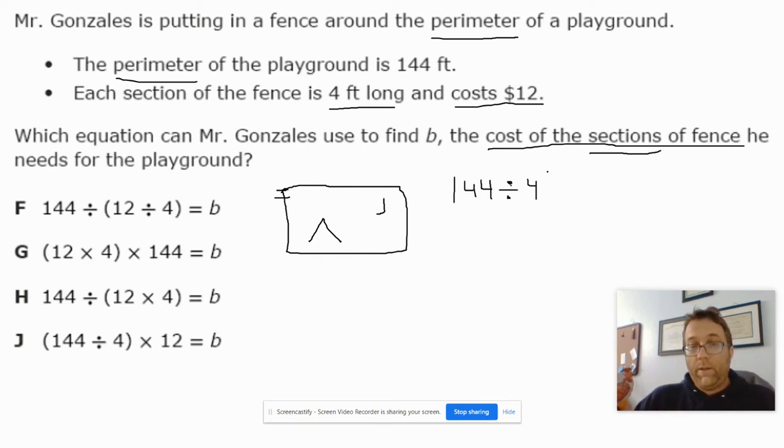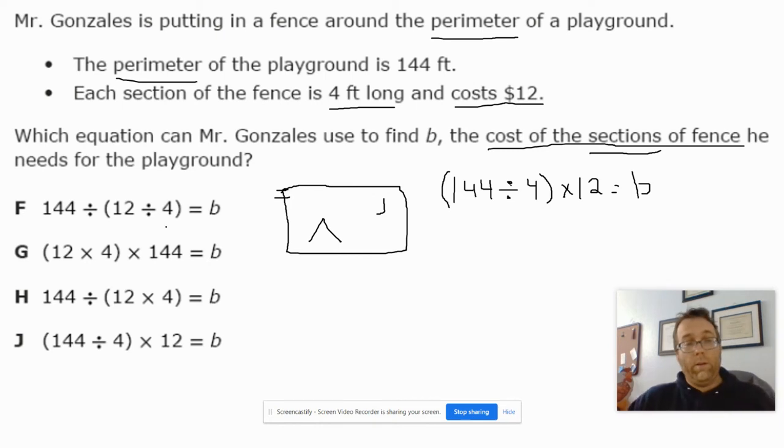After you divide that, and that's first, by the way, so I'm going to put parentheses because it has to be done first. And after that, you're going to take however many sections you have, and you're going to multiply that by 12. Because when you take your units times the amount they cost each, you're going to get your total cost, which is B, what we're trying to find.